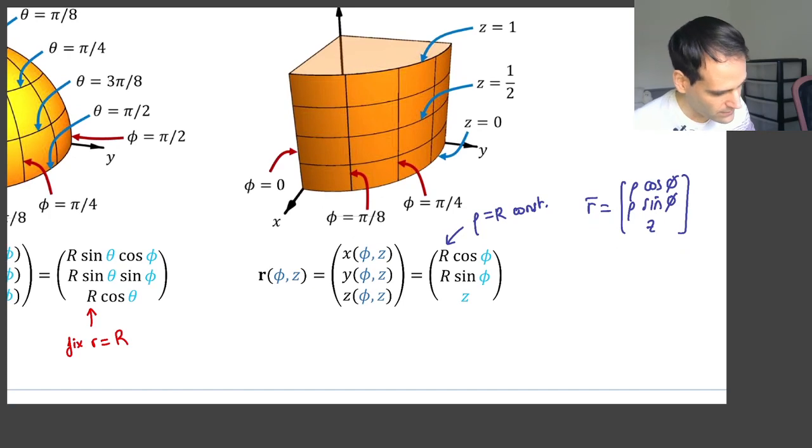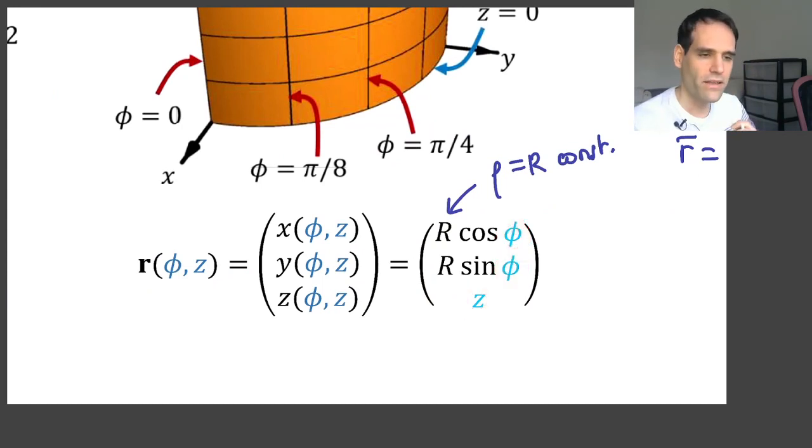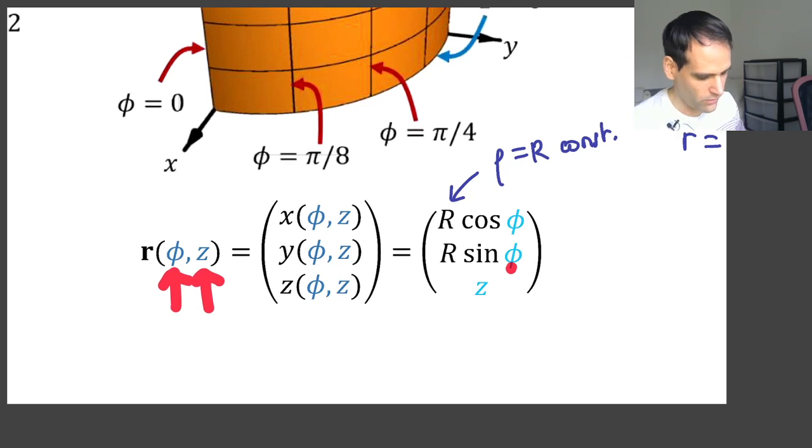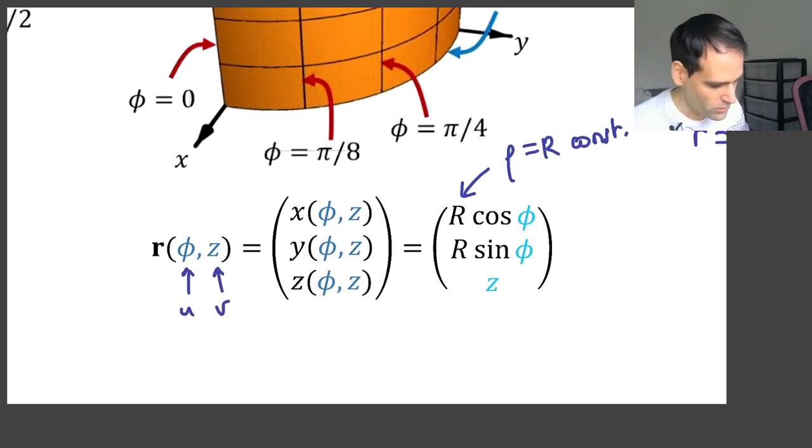So then we arrive at this equation of x, y, z, which now depend on phi and z only. These are the only variables that we have. So phi and z now play the role of our parameters u and v. Okay, so for different values of phi and z, you get different positions x, y, z, which is the same as saying you get a vector r.